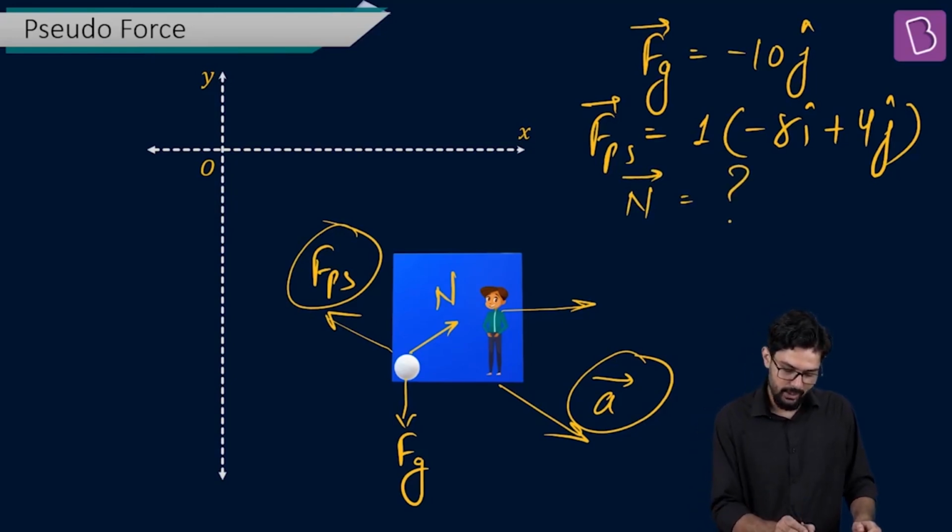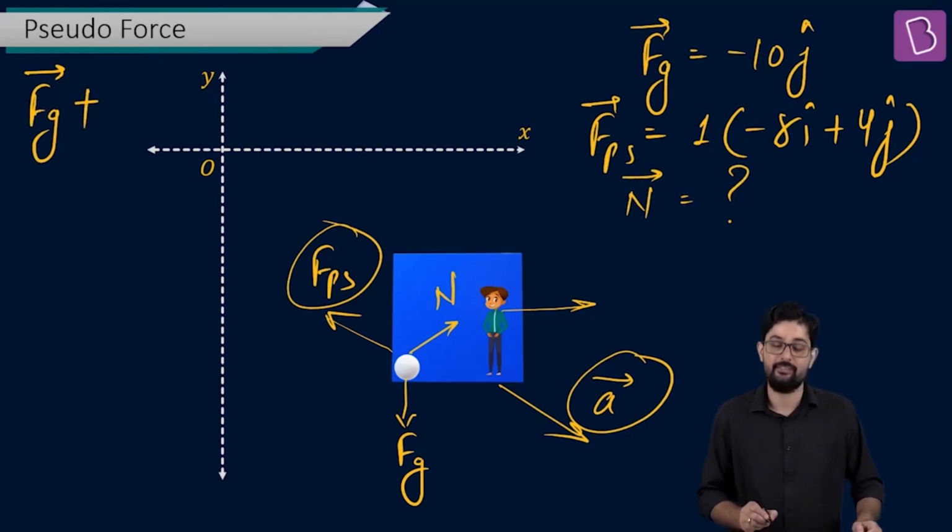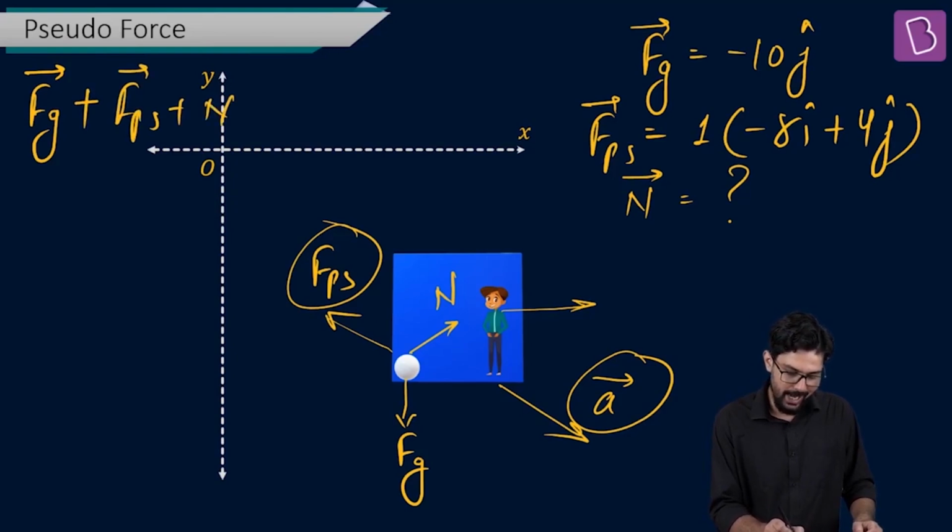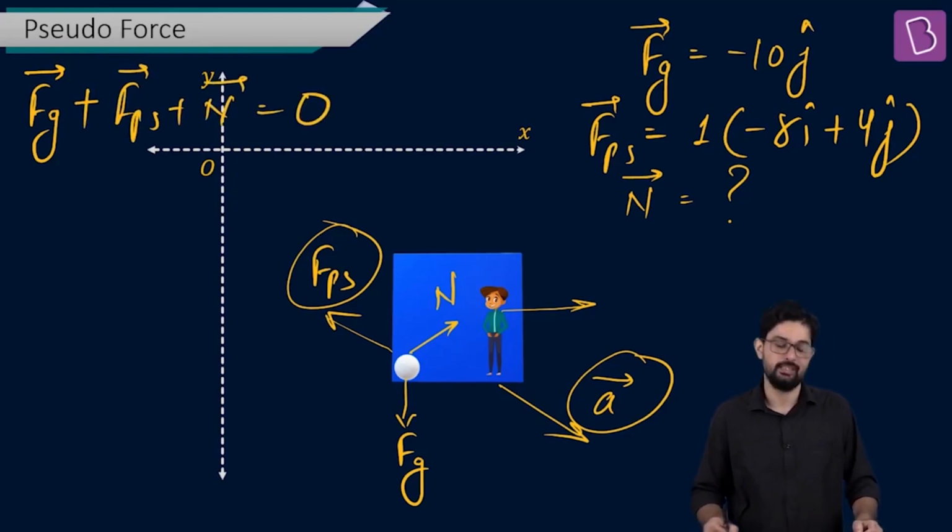And what is the logic? The logic is that the net of these three forces, that is the gravitational force plus the pseudo force plus the normal reaction, must be equal to 0, right? So let's put the values one by one.